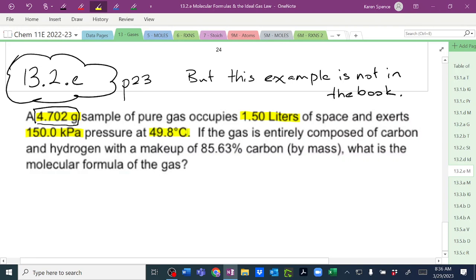Now we're told that this gas is made entirely of carbon and hydrogen. So we have C something, H something, so we have a hydrocarbon. And we are also told that it is 85.63% carbon. And now we want to know the molecular formula.